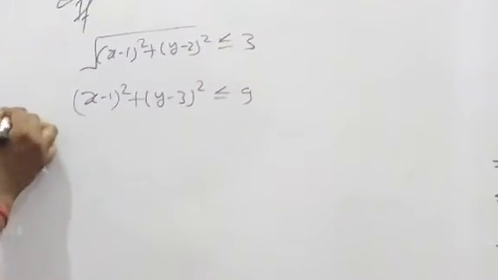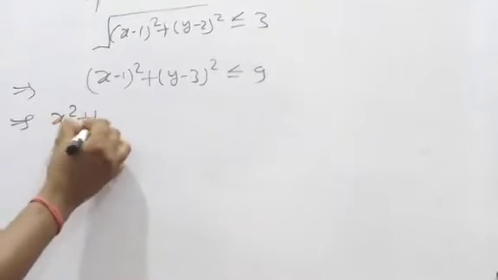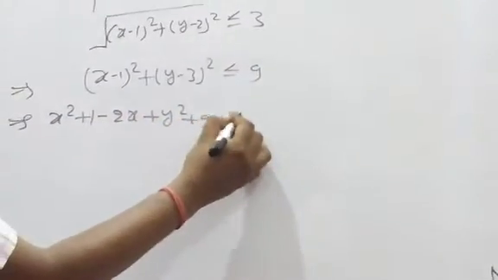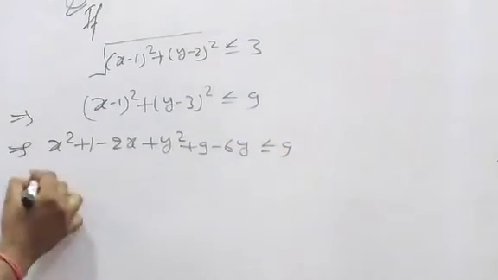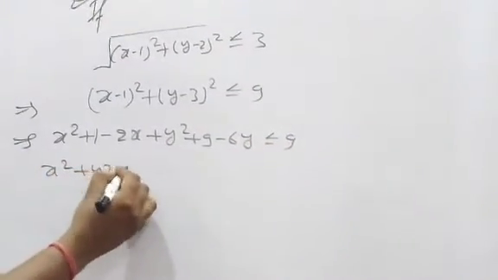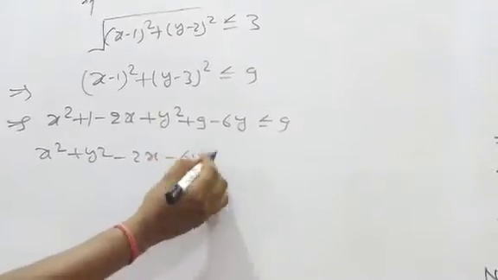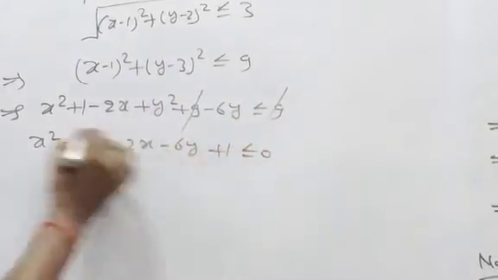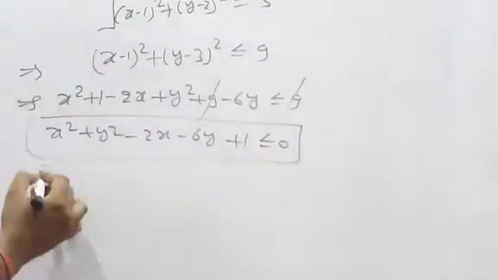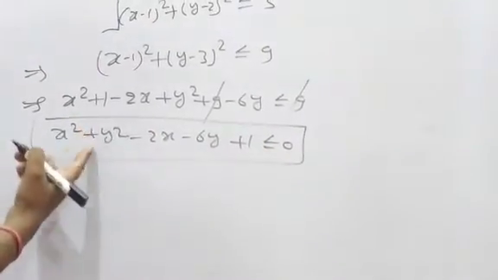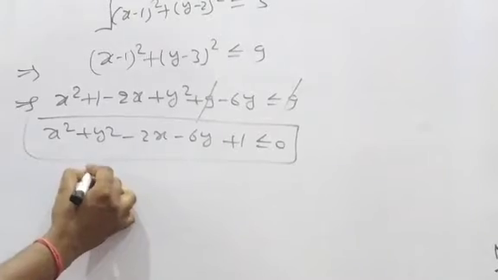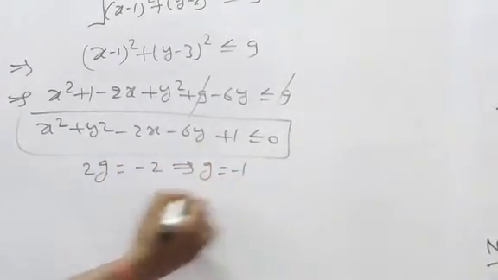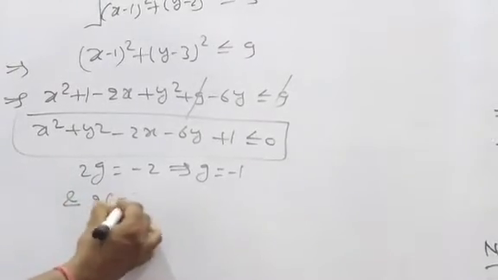Now here x square plus 1 minus 2x plus y square plus 4 minus 4y is less than 9 here. x square plus y square minus 2x minus 4y, cancel here, plus 1 is less than or equal to 0. Clear? Now comparing this equation to that formula, 2g is equal to what? Minus 2, g is equal to minus 1, and 2f is equal to what?